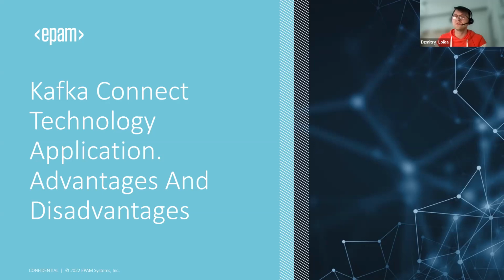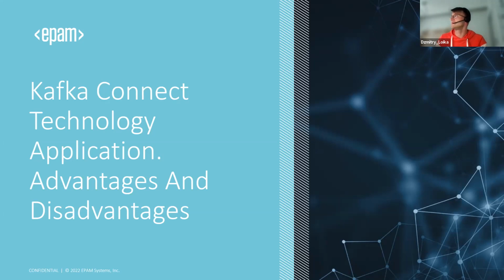These are ready-to-use components which implement different kinds of integration protocols, and you can choose what you need. If you need to use some HTTP endpoints, you can use the HTTP connector. If you want to work with a database, you can use different JDBC connectors, etc.